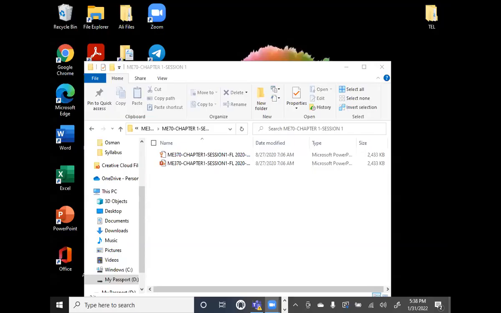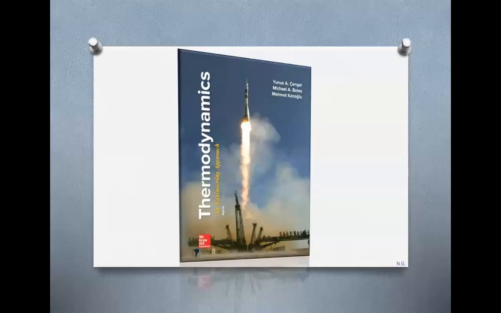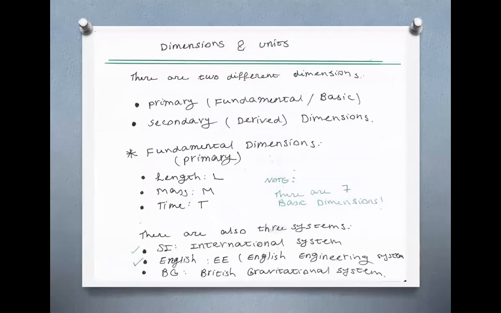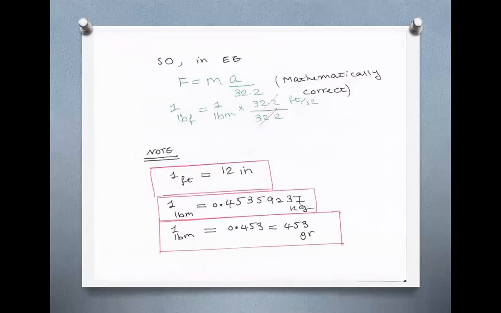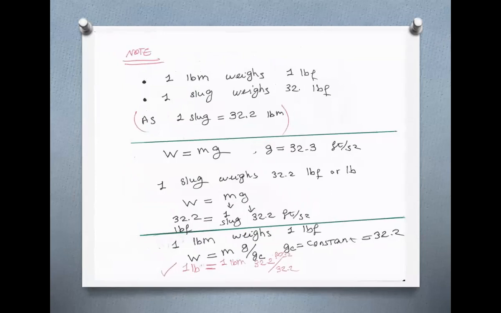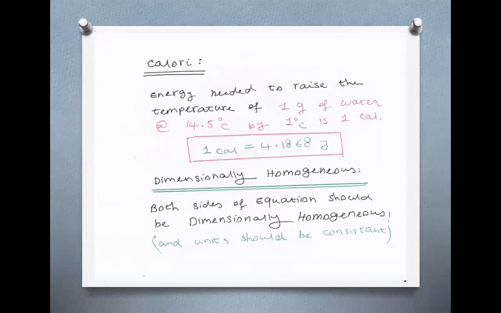And I believe we haven't finished the first slideshow yet. Let us see where we should pick up. Last time we talked about dimensions and units, and also the British gravitational system and the English engineering system.